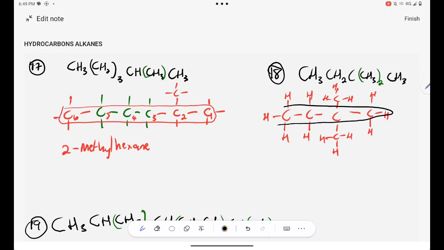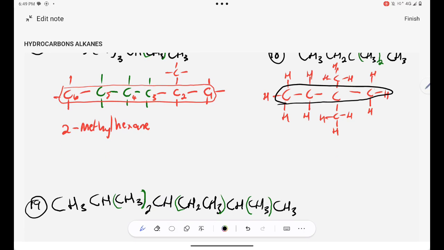This is your parent chain. You must start numbering your carbons closer to the side chain. This will be carbon number 1, 2, 3, and 4. Are we together? And then I'll simply have 2,2-dimethyl. My parent chain has 4 carbons, so this will be butane.